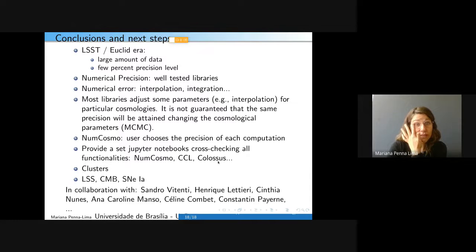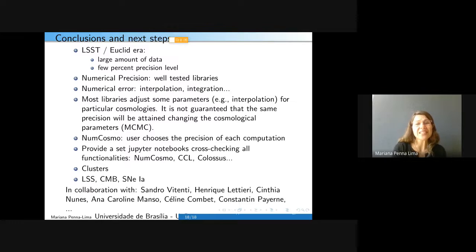Because we have different sources of numerical errors, such as from interpolation and integration, and most libraries adjust these parameters, for example, those that I mentioned, to perform an interpolation for particular cosmologies.